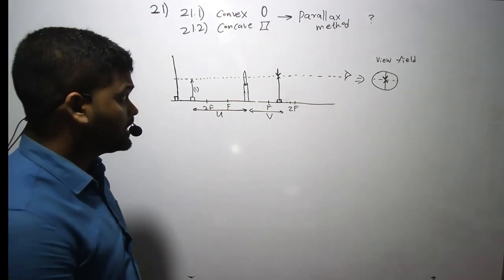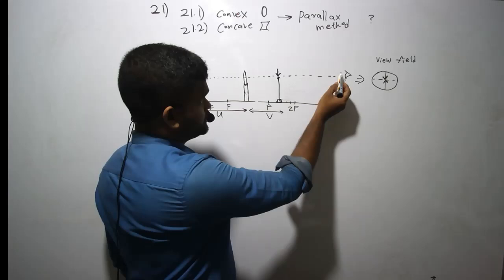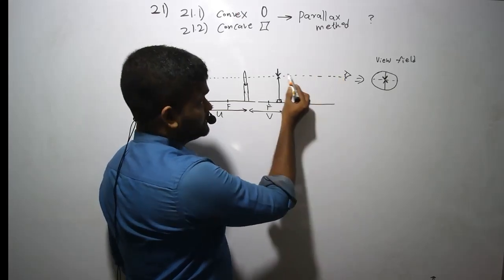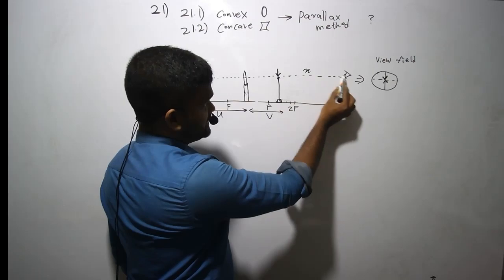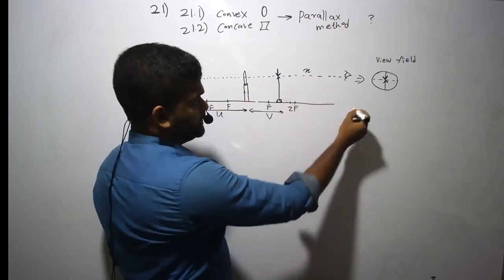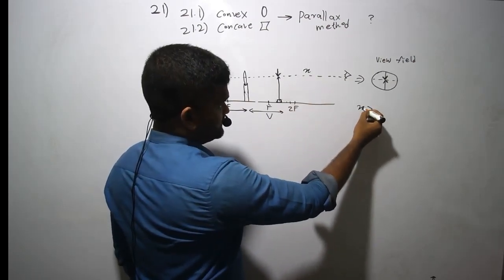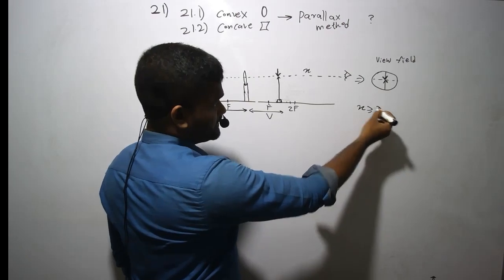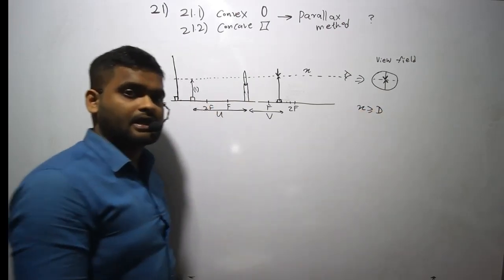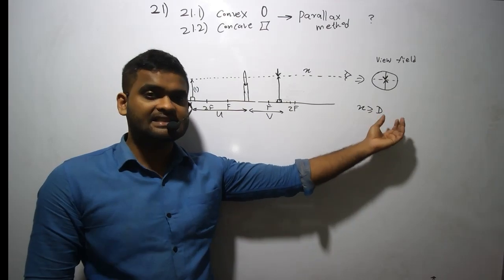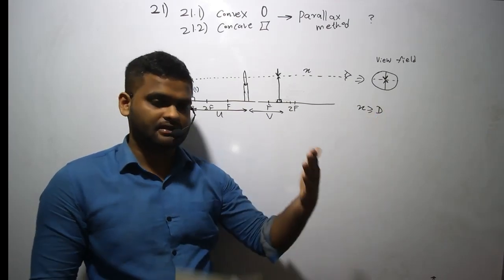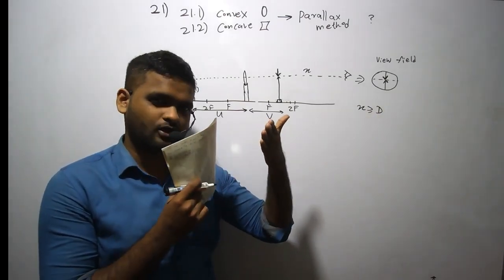Another fact is, what you are observing is this image, right? Let's say the distance between the eye and the image is small x. You have to understand that small x should be greater than capital D. Capital D means least distance of distinct vision, like 25 centimeters, it is obvious, right?